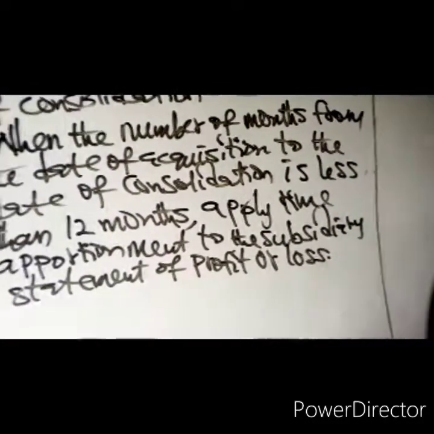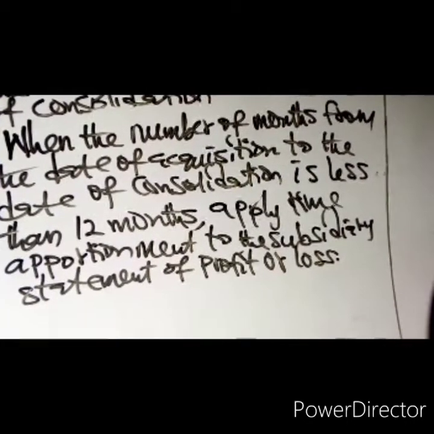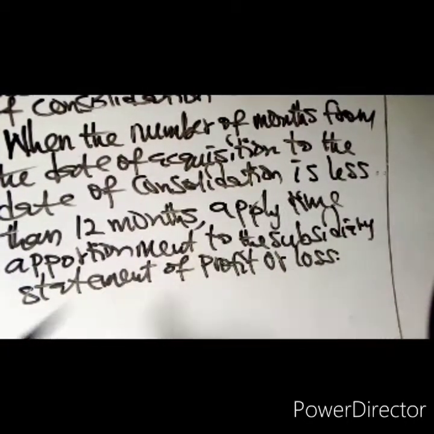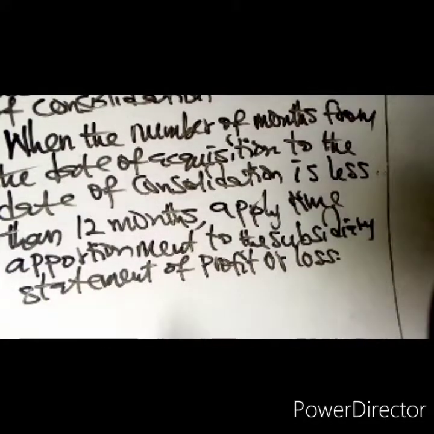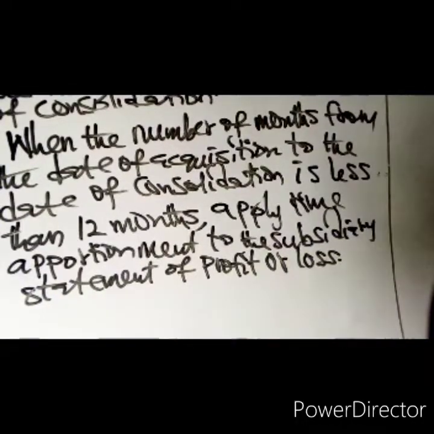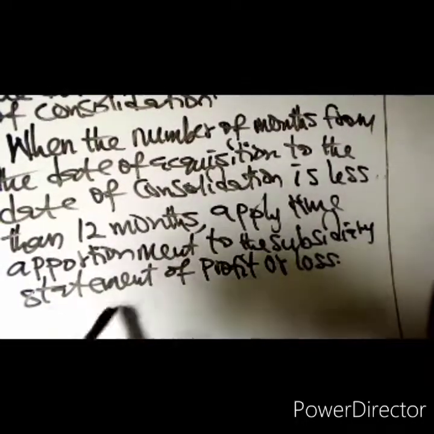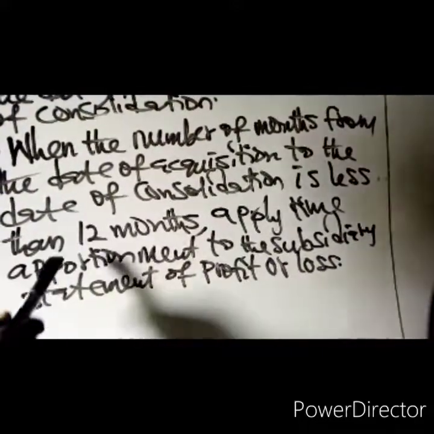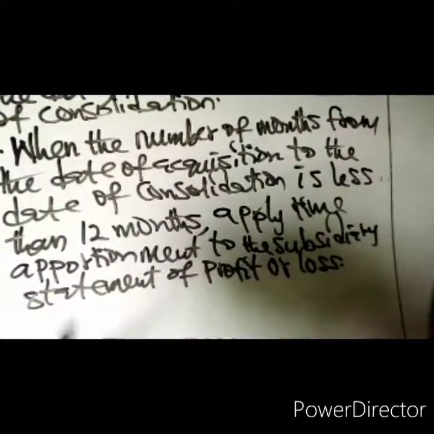Please, I didn't say you are going to apply time apportionment to the statement of financial position of the subsidiary. It is only the statement of profit or loss of the subsidiary you are going to apply time apportionment to. Time apportionment should not be applied to the subsidiary's statement of financial position.